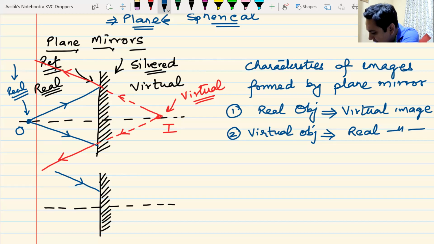This is an incident ray coming and it appears to converge here. This object, my dear friends, is not an object from where incident rays are diverging. It is an object where incident rays are appearing to converge. Do we understand this?